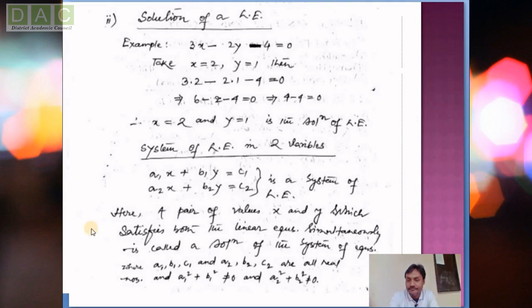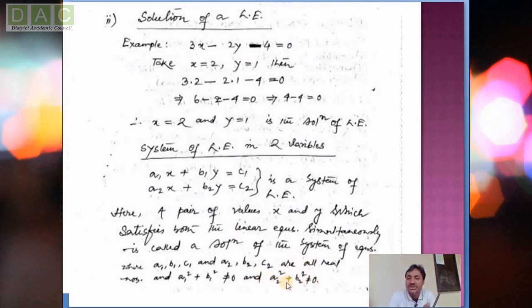Here, a pair of values x and y which satisfies both the linear equations simultaneously is called a solution of the system of equations, where a1, b1, a2, b2, c1, c2 are all real numbers, and a1 square plus a2 square not equal to 0, and b1 square plus b2 square not equal to 0.